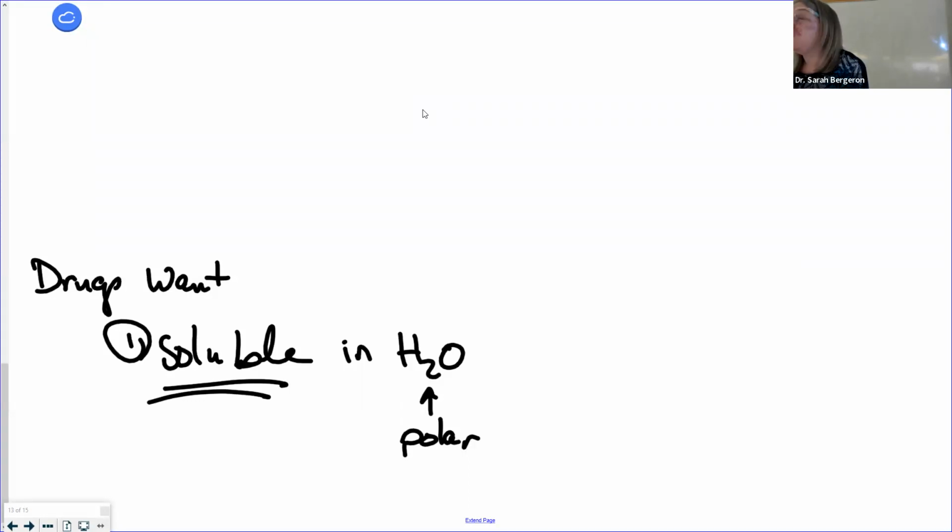If something is polar, it'll dissolve pretty well. What about something charged? Oh, awesome, right? Because we want them soluble in water, we want them charged, because then we'll have what kind of an interaction? An ion dipole interaction, and that's going to be phenomenal. It will be super soluble.